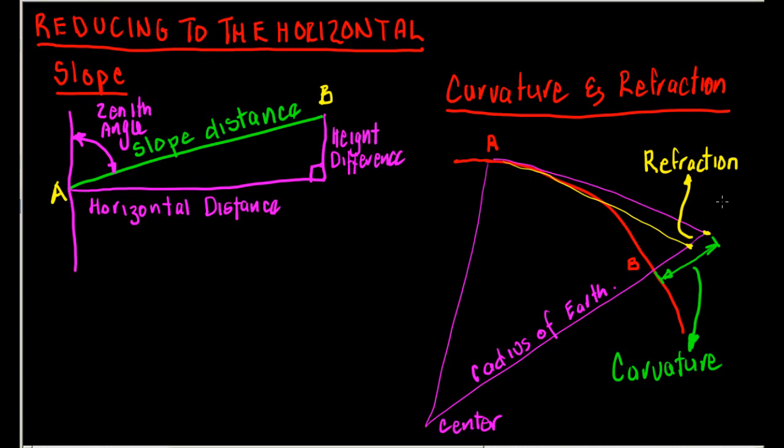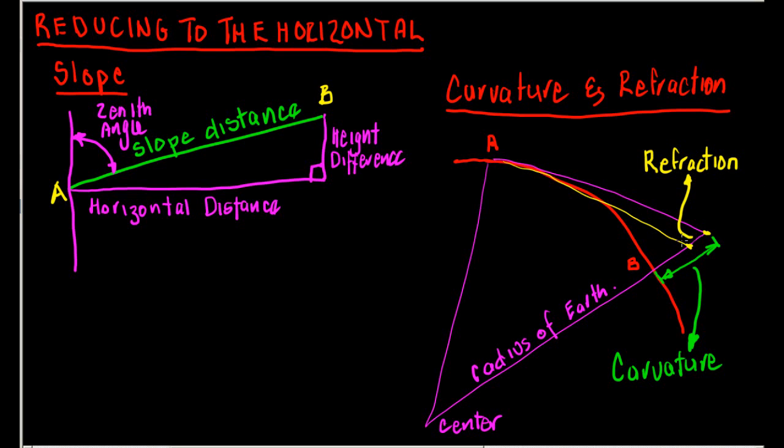This is the curvature, or what we have to allow for in the curvature. Of course, that will affect the zenith angle that we measure. So generally our curvature can be applied in a number of relationships. It's related to both the horizontal distance and the zenith angle.